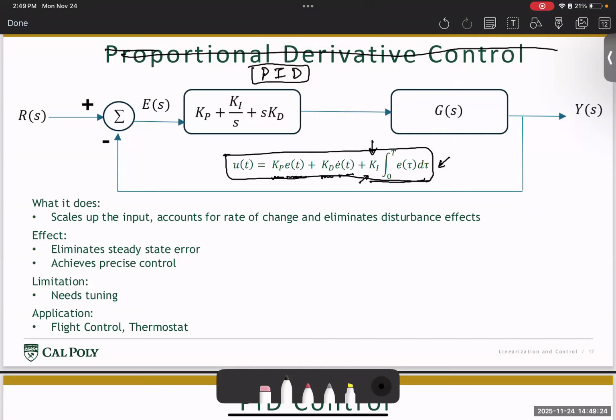Or in other words, this is a controller that achieves precise control. If you provide a reference input of 5 degrees, then your system will settle at 5 degrees because you have a controller that tackles how much error is present in the signal and how fast your error changes with time, along with looking at the history of error in your system.